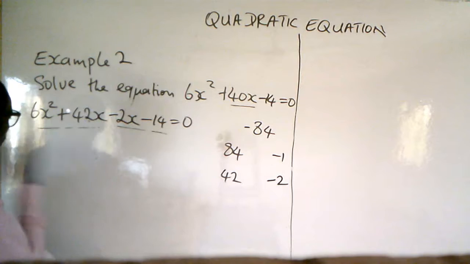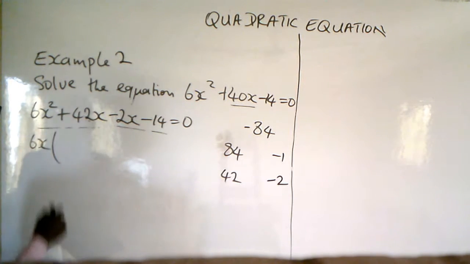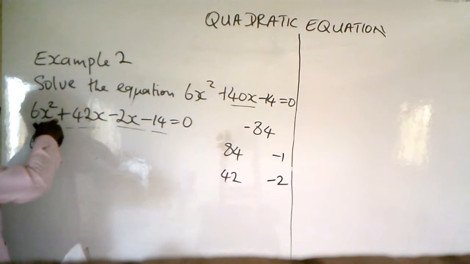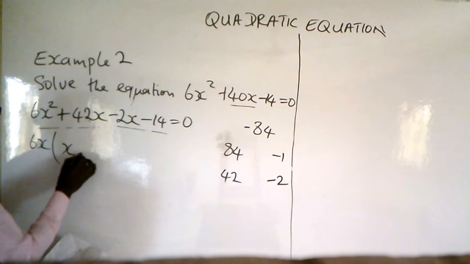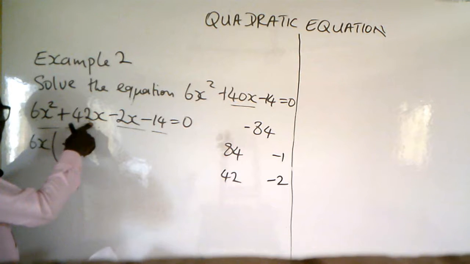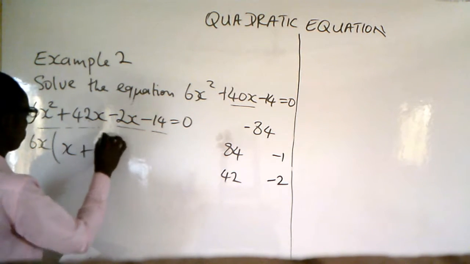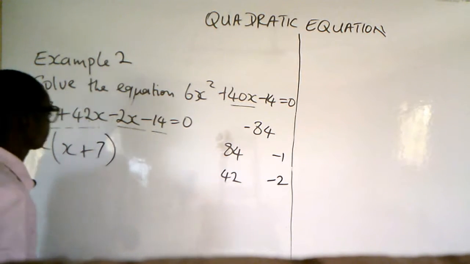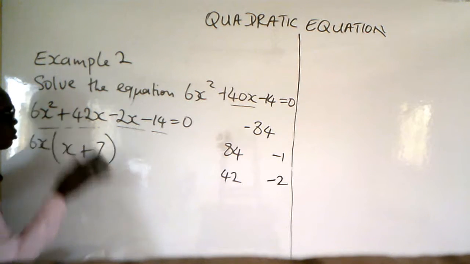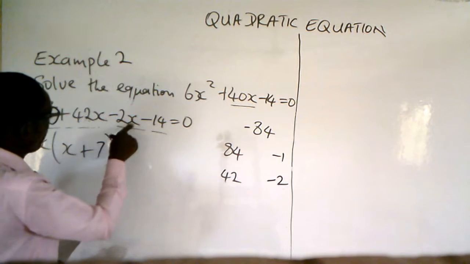So what will come out of the bracket will be 6x. Taking 6x out of 6x squared, what will remain is x, and out of 42x, what will remain is 7. You close the bracket. You come here and factorize the same way. You discover that x is not common to both.